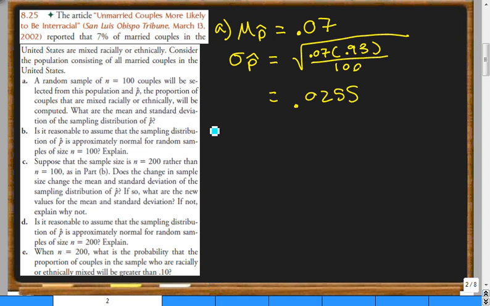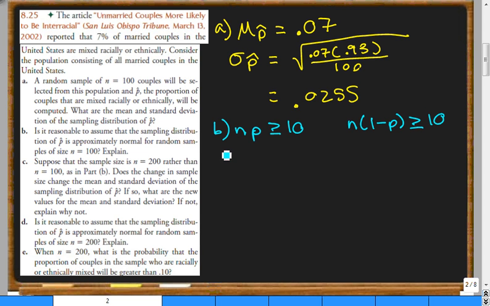B says, is it reasonable to assume that the sampling distribution of p hat is approximately normal for random samples of size n equals 100? That means we need to have n times p to be greater than or equal to 10 and n times 1 minus p to also be greater than or equal to 10.